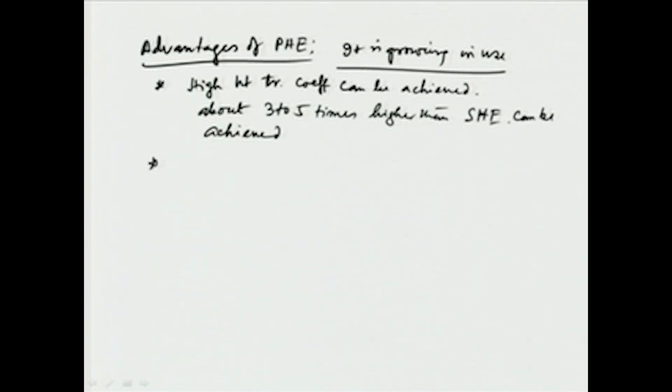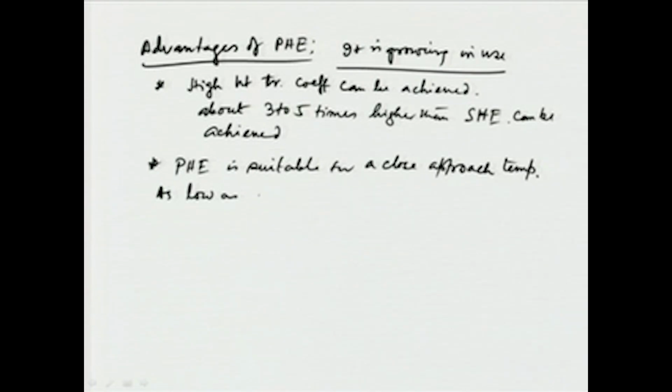Then the second part is that the PHE, plate type heat exchanger, is suitable for a close approach temperature, and this is as low as 2 degrees centigrade, which is 5 degrees centigrade for the shell and tube type heat exchanger.